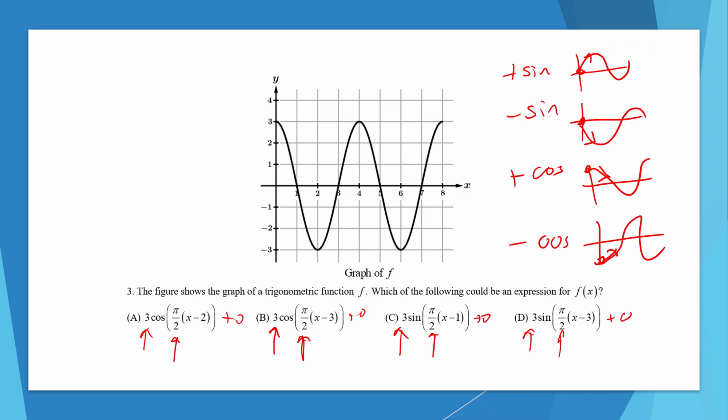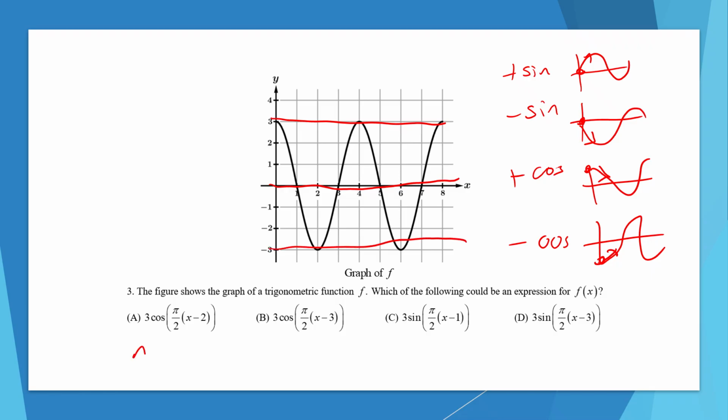All of those are really important to know. Let's take a look at the starting point for each one and see which one maps to the actual graph that we have there. So let me do a different color for each one. Let me also highlight first the midline, the max, and the min, just for us to have.